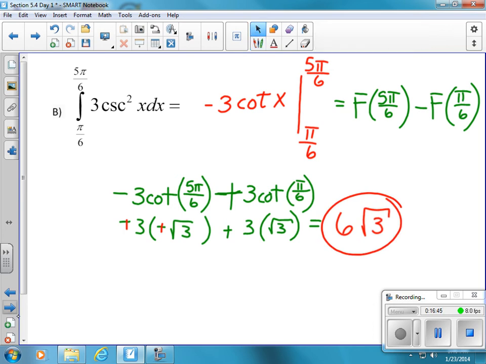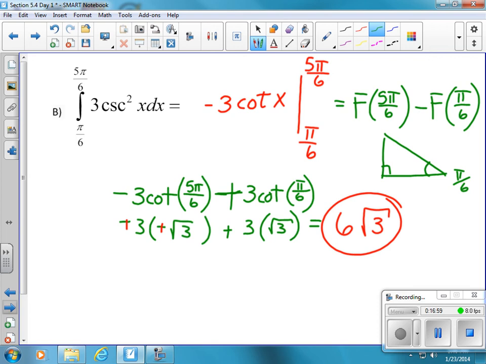All right, now one way to find this is by using a 30, 60, 90 degree triangle and figuring out pi over 6. If you have a right triangle and this angle is pi over 6, or 30 degrees, and remember, we always use radians in calc.